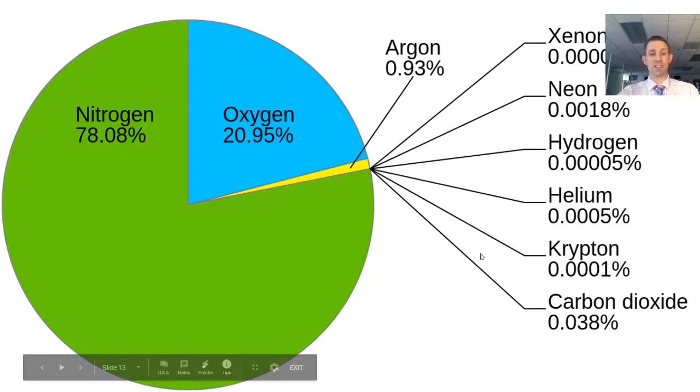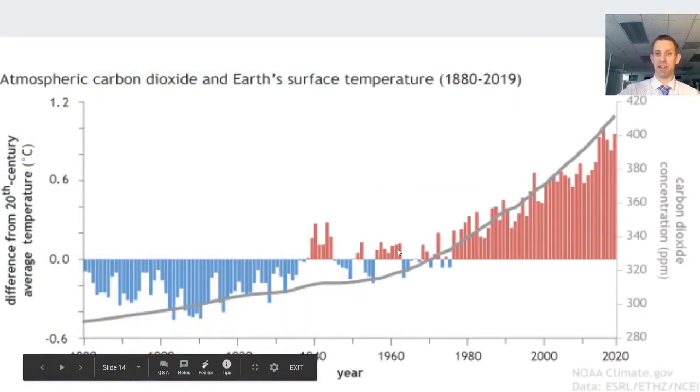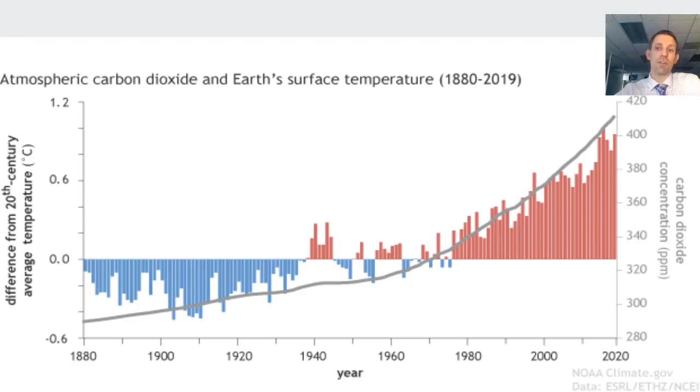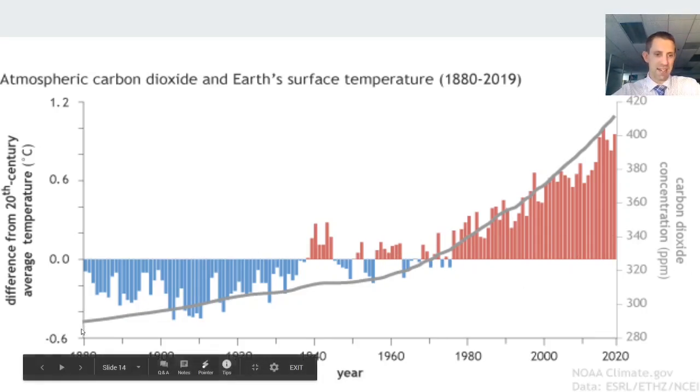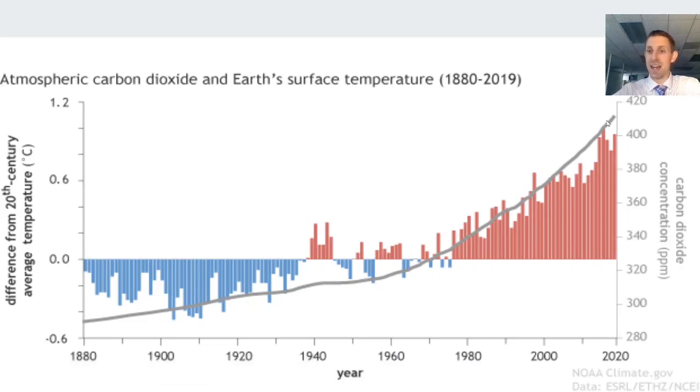That's a number that's actually gone up quite a bit in recent years. This graph here shows the overall trend of the amount of carbon dioxide in parts per million in the atmosphere. Notice that since 1880, it has risen and risen steadily to the rate we're at now. The other component to take a look at in this image is the blue and red bars that appear on it. The blue and red bars are differences in temperature now as opposed to what the temperature was 100 years ago.